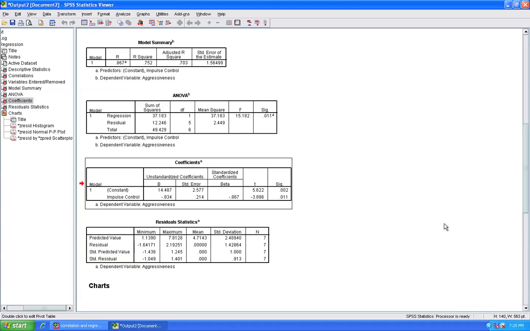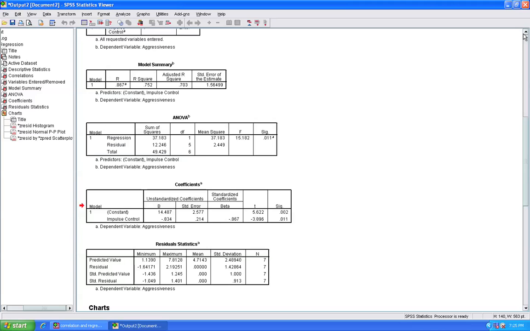Once we have the measures of the descriptive statistics and the regression equation, we can look at a couple of pieces of information to see the quality of the model. One of those pieces of information is the R-squared value, which is found in the model summary table.